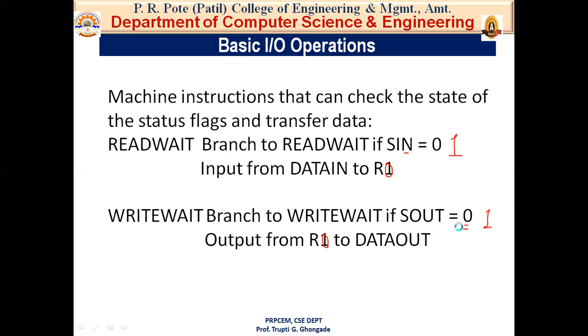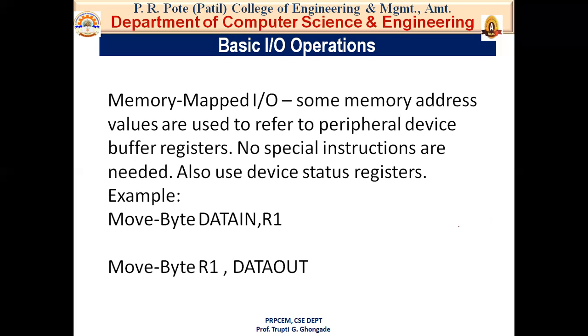For example, the contents of the keyboard character buffer data in can be transferred to register R1, a general purpose register in the processor, by using an instruction like move byte data in, R1. It means transferring data from data in to general purpose register R1.